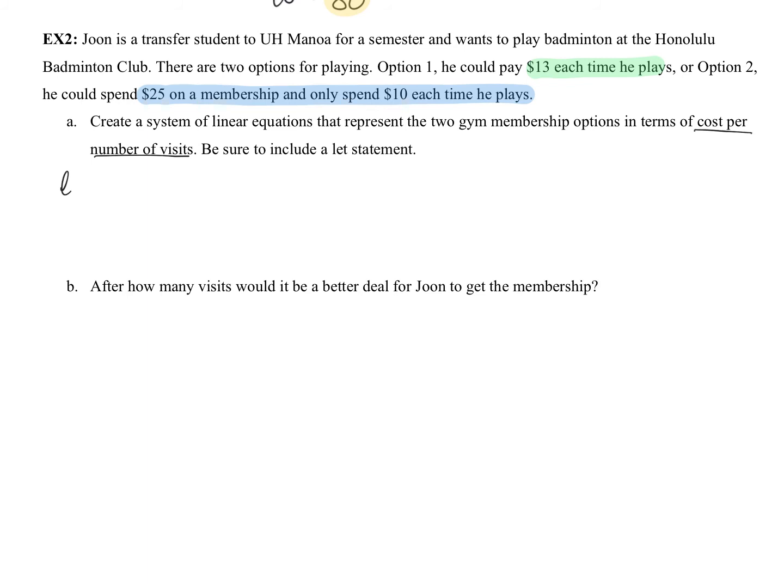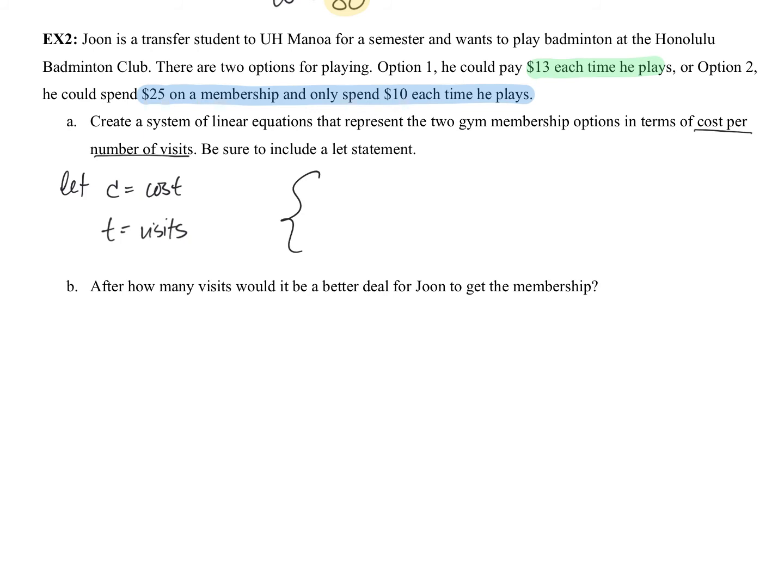So let's go ahead and say, let C equal the cost, and let's let V equal visits. Actually, V is kind of hard to write, so let's use a T for visits. Alright, so the 2 equations.